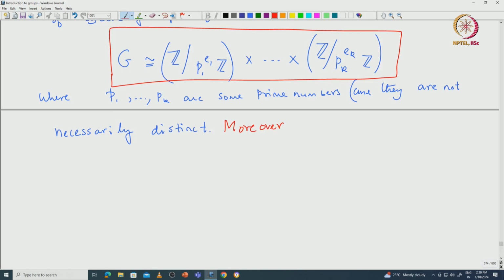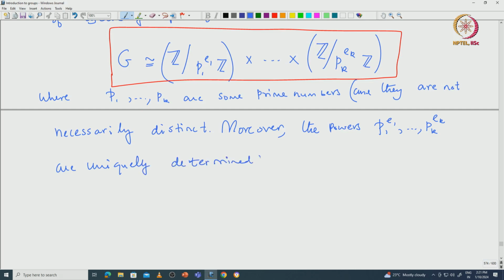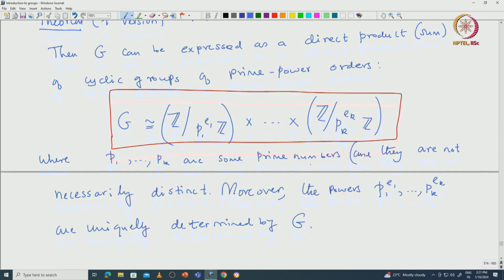Moreover, these powers p1 to the e1 through pk to the ek are uniquely determined by G. What does it mean?